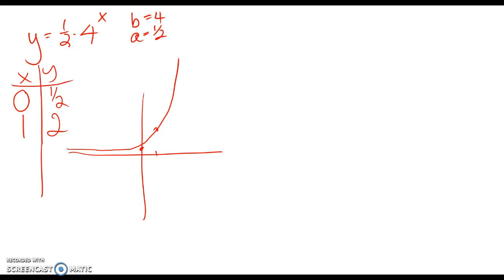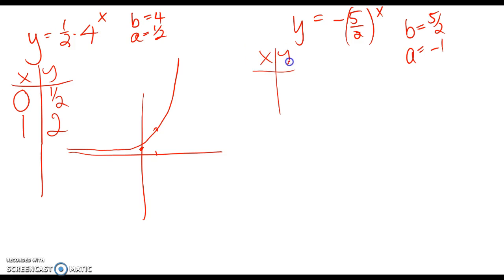Now, what happens if we have a negative a? You're going to find the same thing happens as with our other functions where a is negative. Let's first point out that b in this equation is 5/2, so it's positive and it's greater than 1. A is negative 1, so let's make ourselves a little XY table.